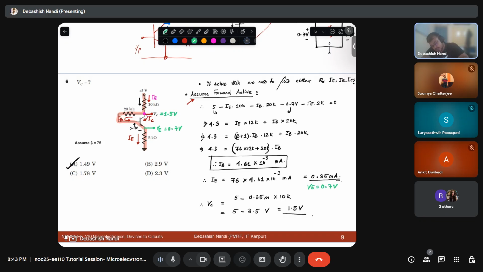So what is this voltage difference? VCE is around 0.8 volt. So VCE is greater than VCEsat, which is around 0.2 volt. So I can directly say that it is in forward active.